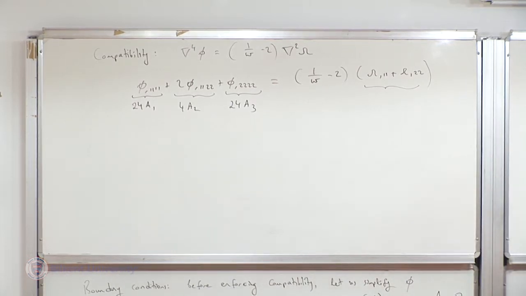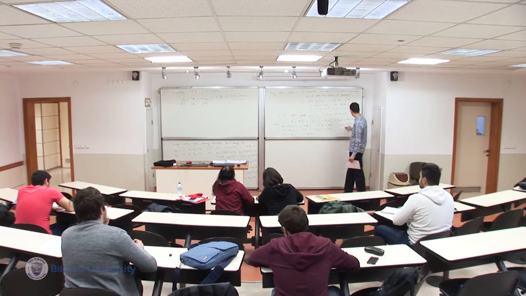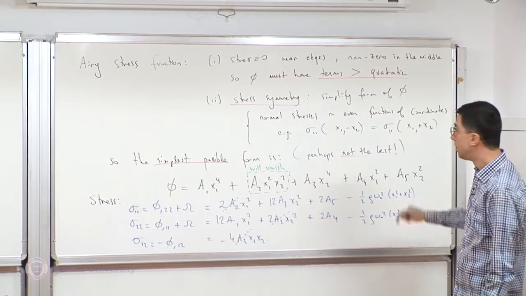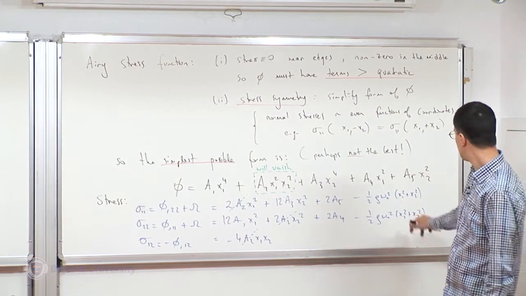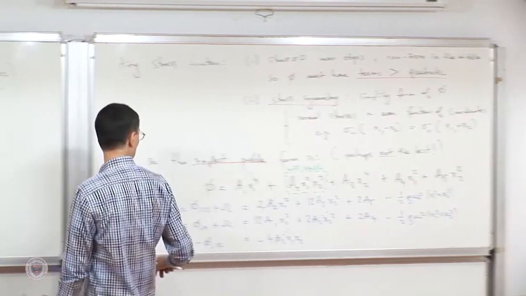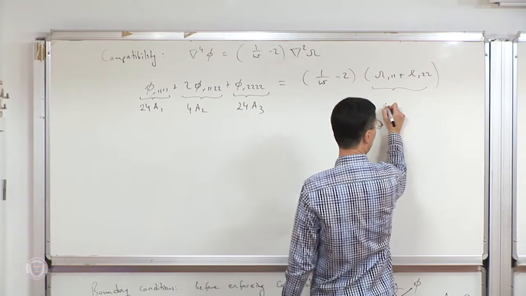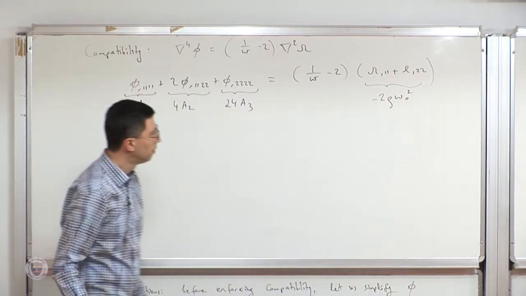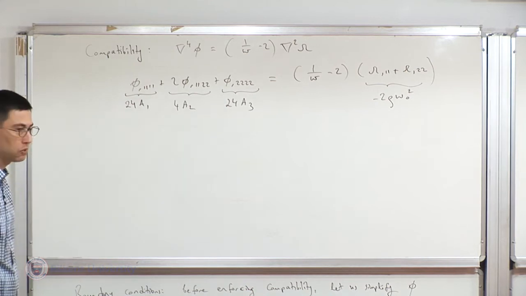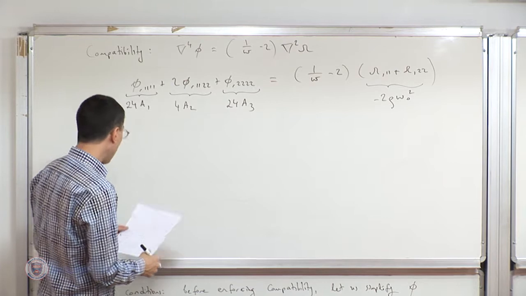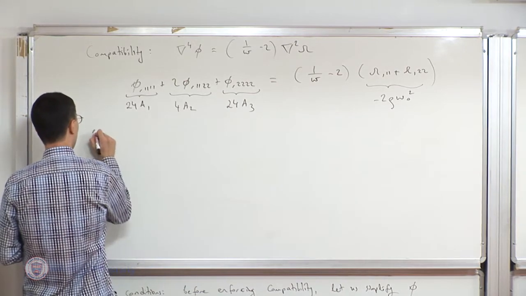Omega is, right, that term. So 2 derivatives with respect to 1. So it is, actually, minus 2 rho omega naught squared. That's the Laplacian of the potential.